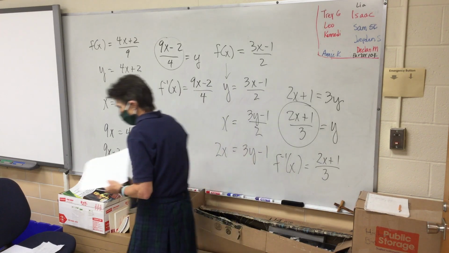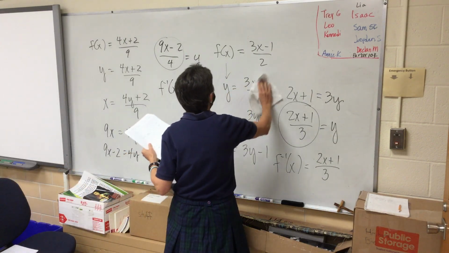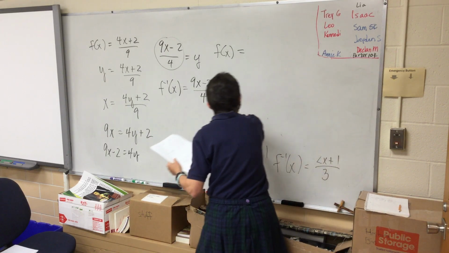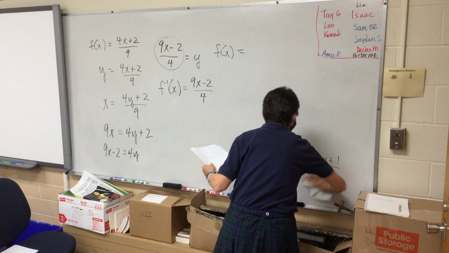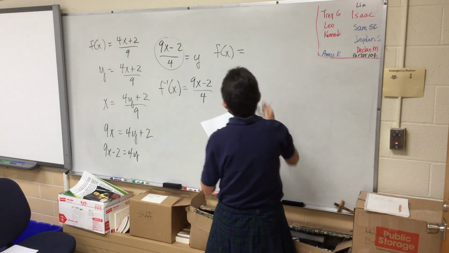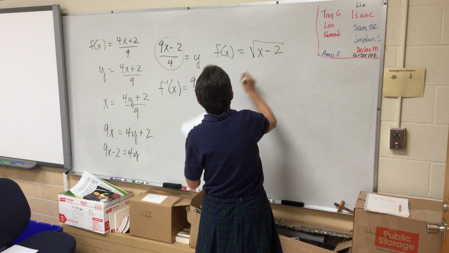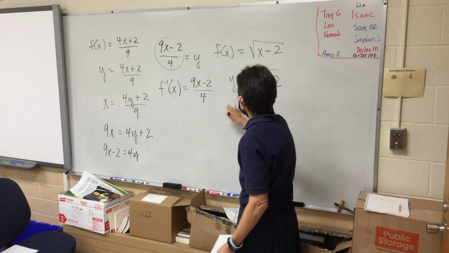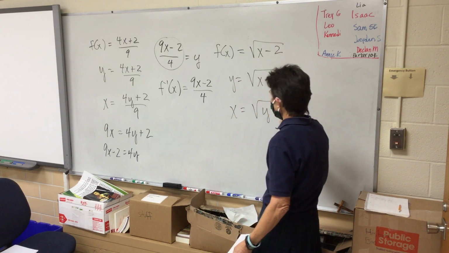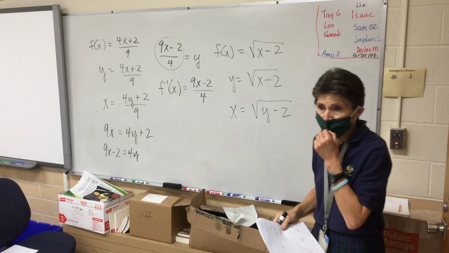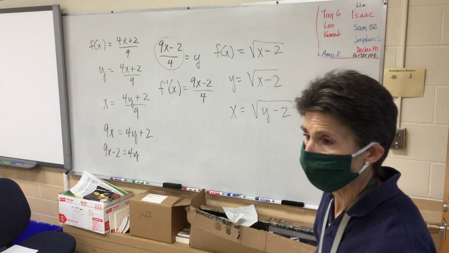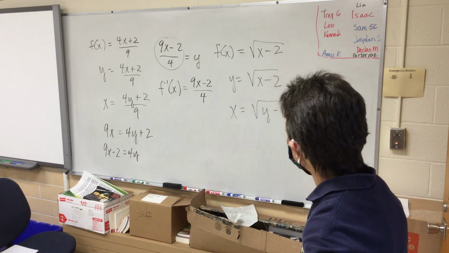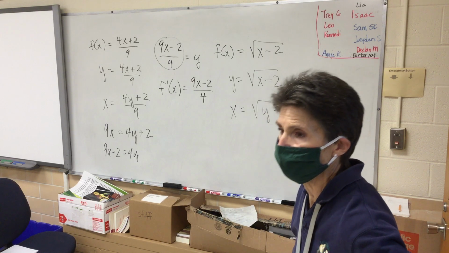Now, the next one looks a little bit different, but I think you can figure it out. It starts off obviously exactly the same way. So we'll make y equals, and then we'll switch our variables. But now this is where it gets a little bit different. This looks different than our last couple have looked. What do you think we should do here if our goal is to get y by itself?